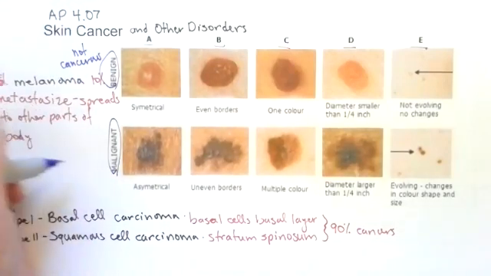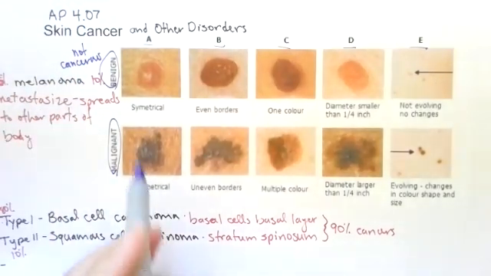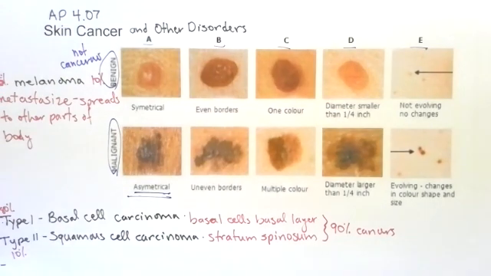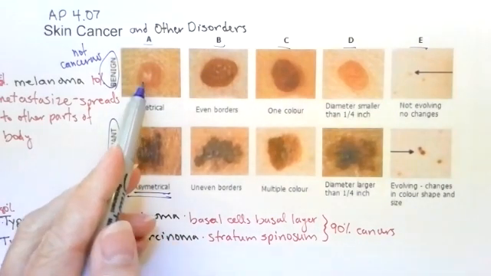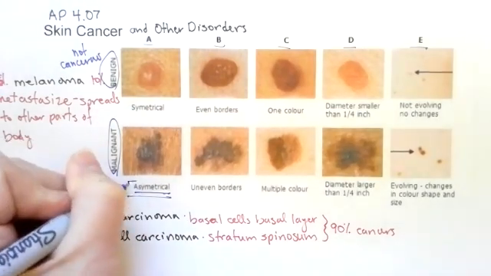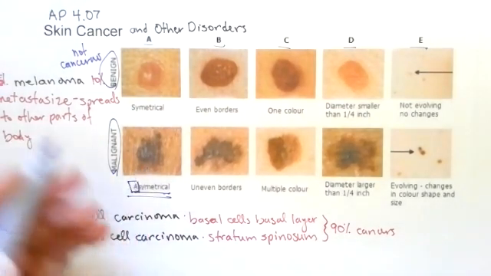And malignant means it is cancerous. So A stands for asymmetrical. Melanoma usually starts out as a regular mole, like a mole gone bad. So if you have a nice round symmetrical mole and it becomes asymmetrical, that's a warning sign.